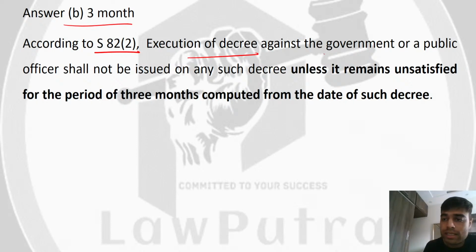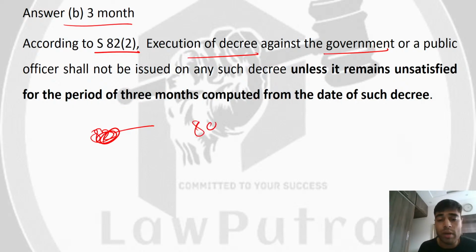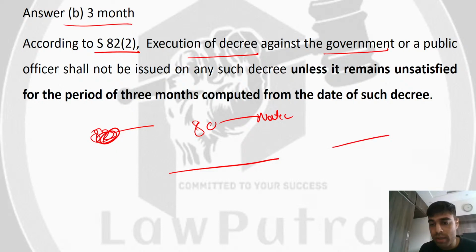Execution of decree against the government or public officer shall not be issued on any such decree unless it remains unsatisfied for a period of 3 months from the date of decree. So see, it says that if you filed a suit after giving notice under Section 80 against the government and the decree was in favor of the private person against the government, then some time needs to be given to the government to execute that decree.